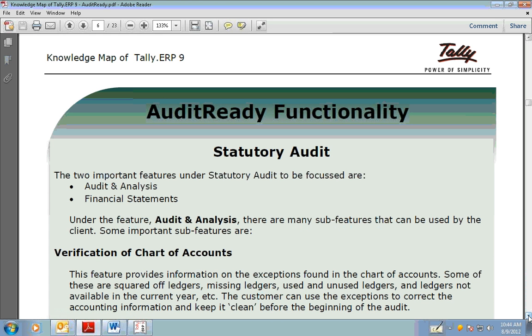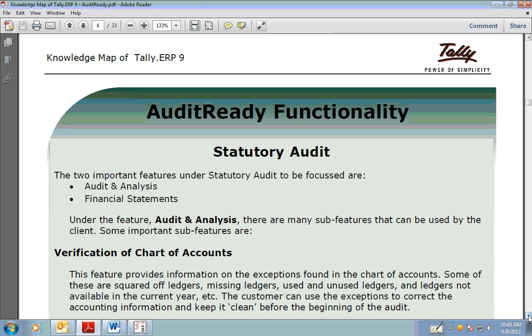Audit and compliance is divided into two sections: statutory audit and tax audit. When we talk about statutory audit, the two important features to be focused on are audit and analysis and financial statements. Audit and analysis, as we all know, contains many sub-features that can be used by the clients.